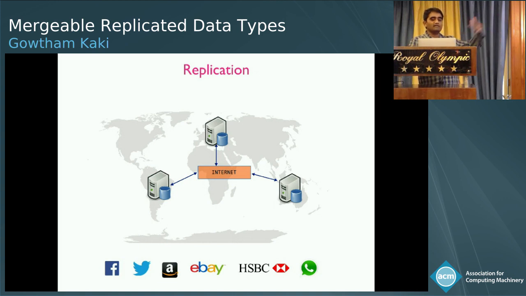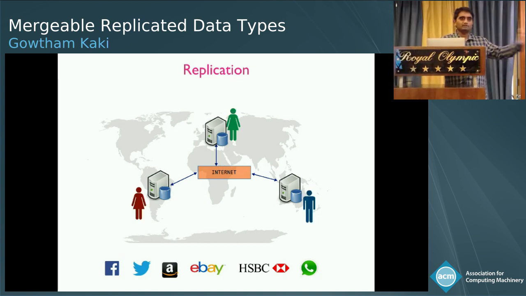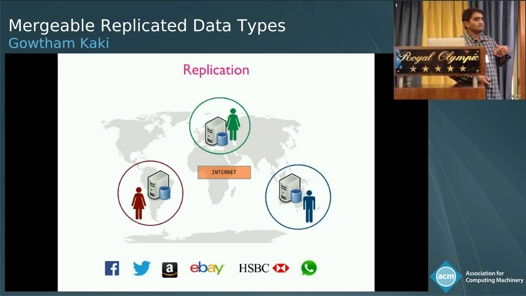By locating these replicas, the servers, close to users, you can ensure that requests are served with low latency, and even when there are network partitions, the users can still reach the local replica and therefore have access to the service with high availability. So to summarize, low latency and high availability are twin motivations for replication.